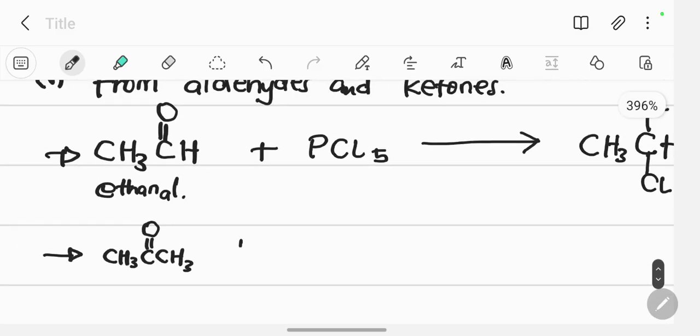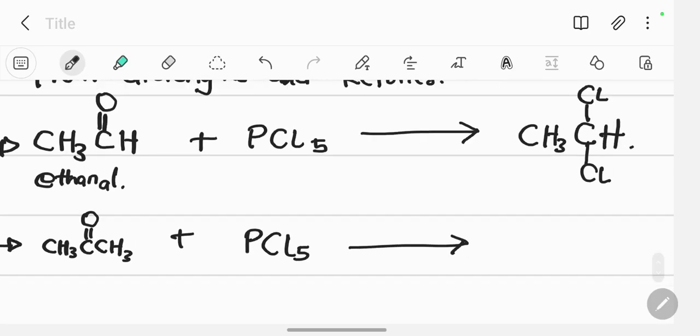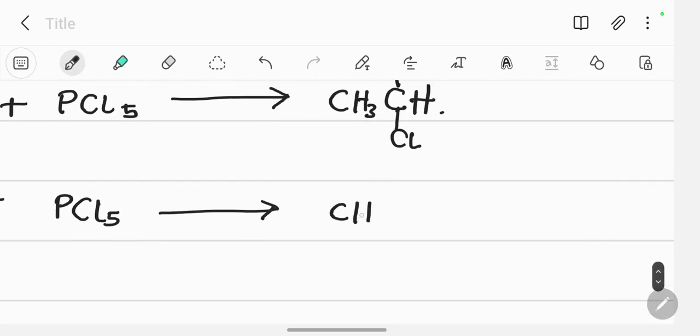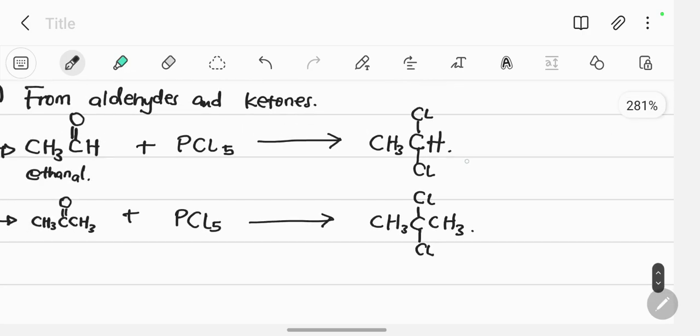So when I add in PCl5, it's going to give me CH3. When you look at such a reaction, just understand that it's giving us a gem dihalide. You see, this one's a gem. They are both geminal dihalides.